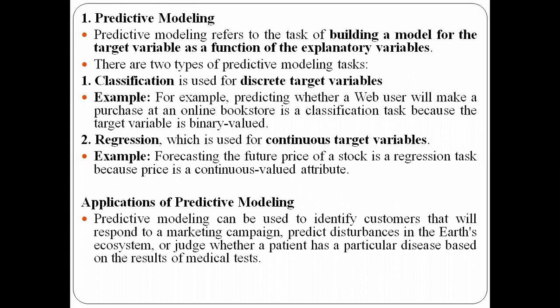If he buys that book, then that value will be considered as 1. If he doesn't buy the book, then that value will be considered as 0. So you will be able to tell the value of prediction in terms of zeros or ones. That is a binary classification, where the target variable has a binary value. Such tasks come under classification.